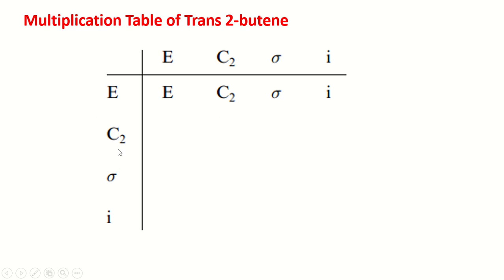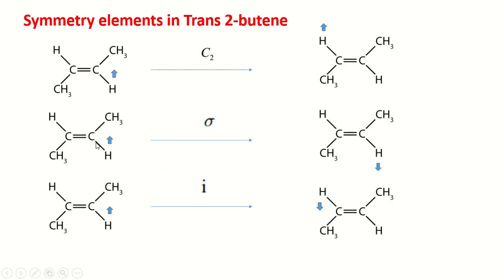What happens if we apply C2 to trans-2-butene, then apply sigma h? We apply C2 first. The result would be like this one. And what happens if we apply sigma h? Sigma h is the sigma horizontal, in which the arrow on the upper side would appear as an arrow on the lower side but in the same position.